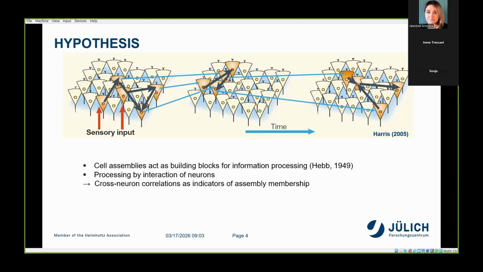He was a psychologist, and he was thinking about how you could, so to say, process information. And he proposed already that processing by neurons is done by interaction of neurons. And taking this a little bit forward, cross-neuron correlations are indicators of assembly membership. And I will push this further and further.